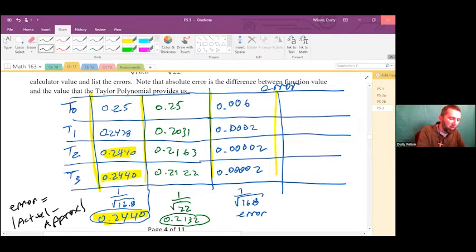So now we could do the same thing with the 1 over square root of 22 error. I have 1 over square root of 22, and if I subtract 0.25, I get that my initial error is 0.0368. Again, this is absolute value, so I'm not worried about the sign.